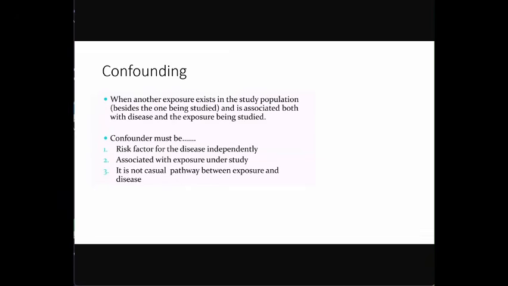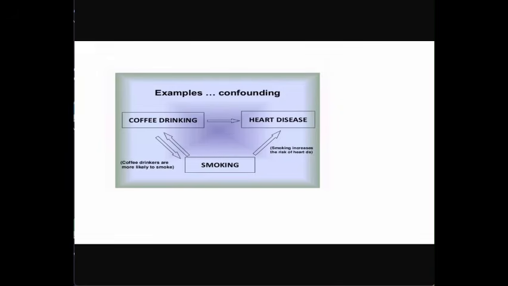It is not causal. So this is the diagram that shows, for instance, if you want to see the effect of coffee drinking on heart disease, because coffee contains a lot of caffeine, then smokers should be excluded.